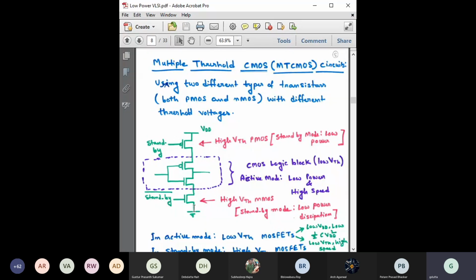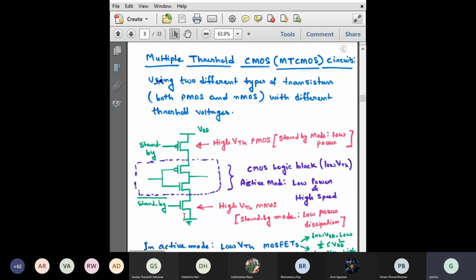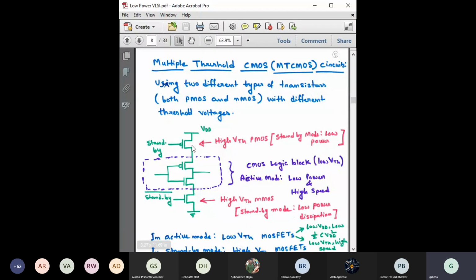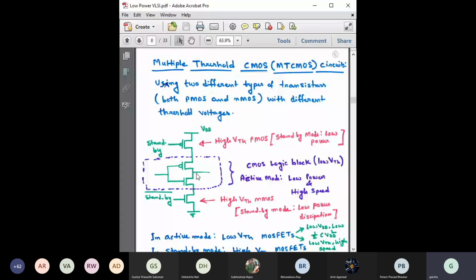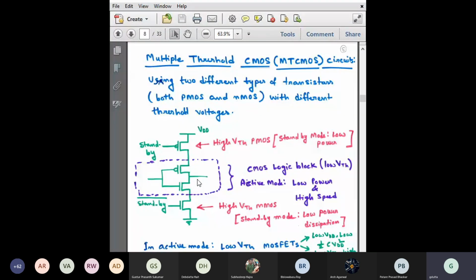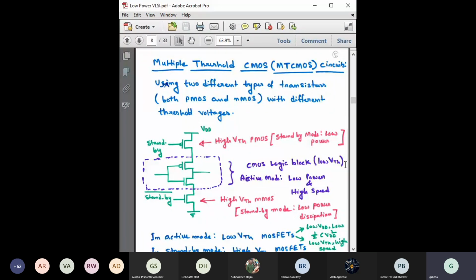But what is happening in the active mode? In the active mode, you have given here 0, you have given here 1, so this is conducting, right? But for this one, which defines the current here, the driving capability is increased because of the lower threshold voltage.